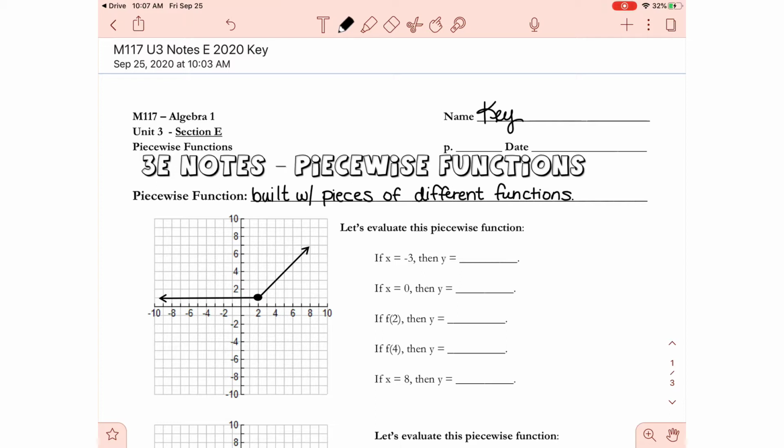So again, a piecewise function is just a special kind of function that's built with pieces of different functions, hence the name piecewise. And what we're going to do with piecewise functions today is simply evaluate them.